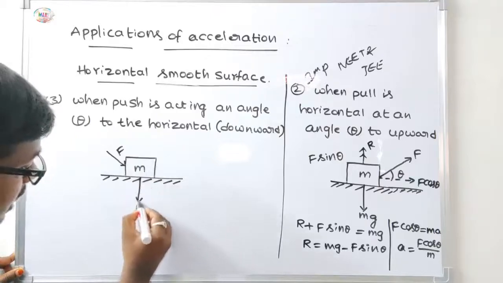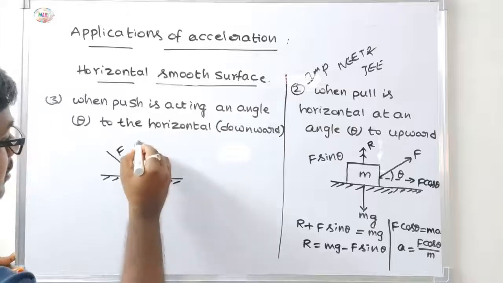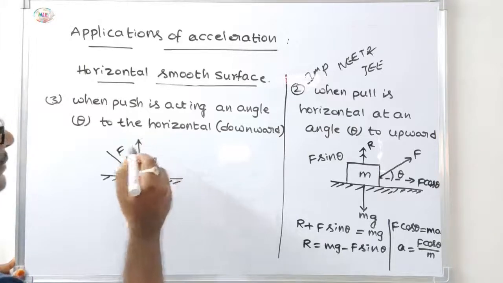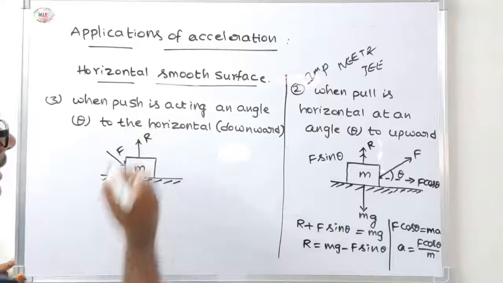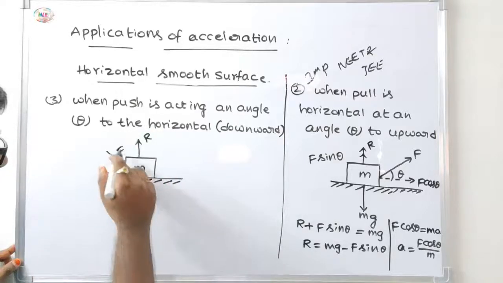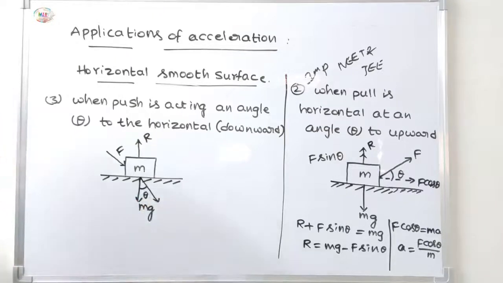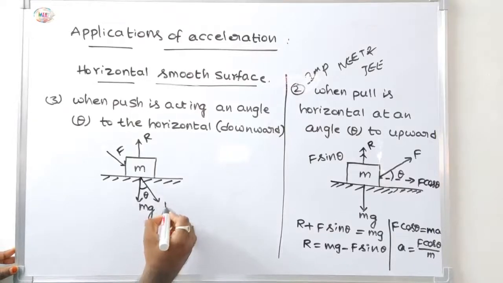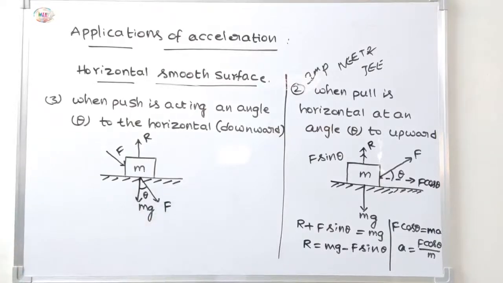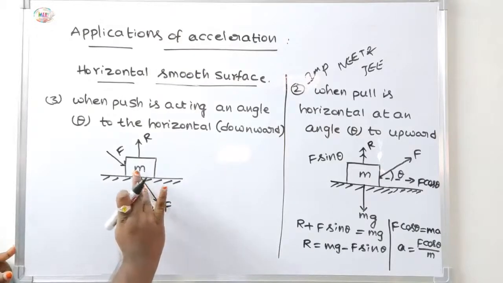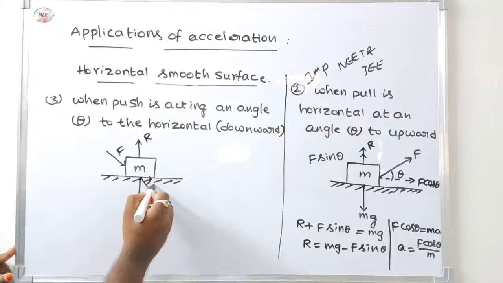Now the gravitational force is acting in the downward direction, and the reaction force is acting in the upward direction. The force making an angle theta acts downward. That is F, and this angle is theta.